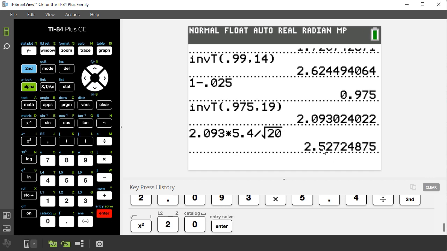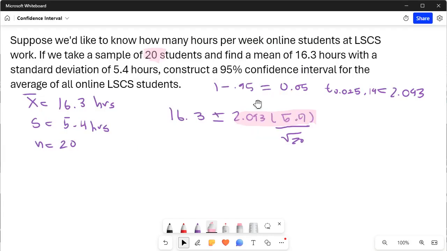So we find that the margin of error is 2.5, so that's 2.5 hours. So we'll write this as 16.3 plus or minus 2.5.